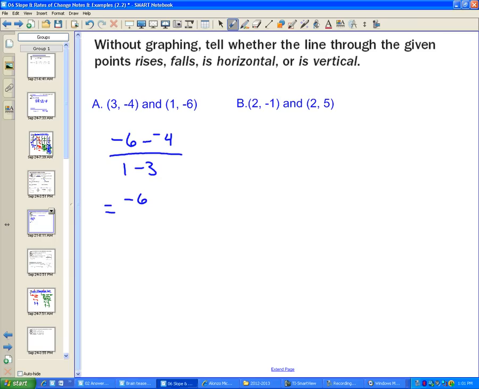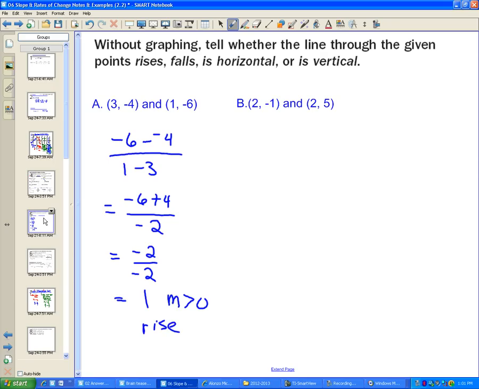Well, this is -6 plus 4 over 1 minus 3, which is -2. -6 plus 4 is -2, divided by -2 is going to be a positive 1. Positive 1, that slope, my M is greater than 0, so this is going to rise from left to right.